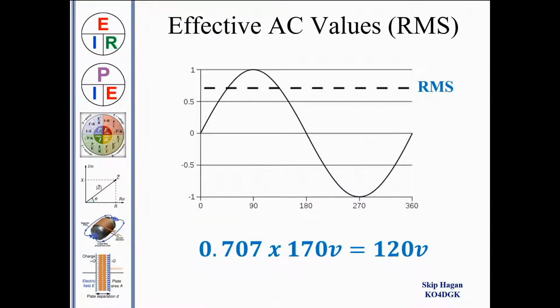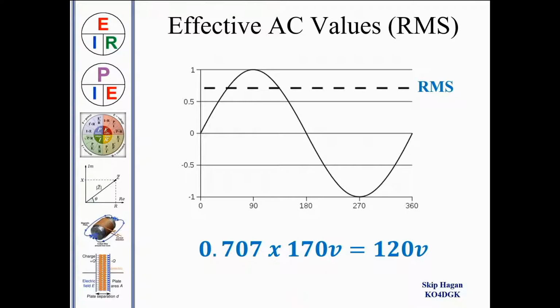So what we really have is a peak value of 170 volts. The RMS factor times 170 gives us the 120 volts that we're reading on our voltmeter.